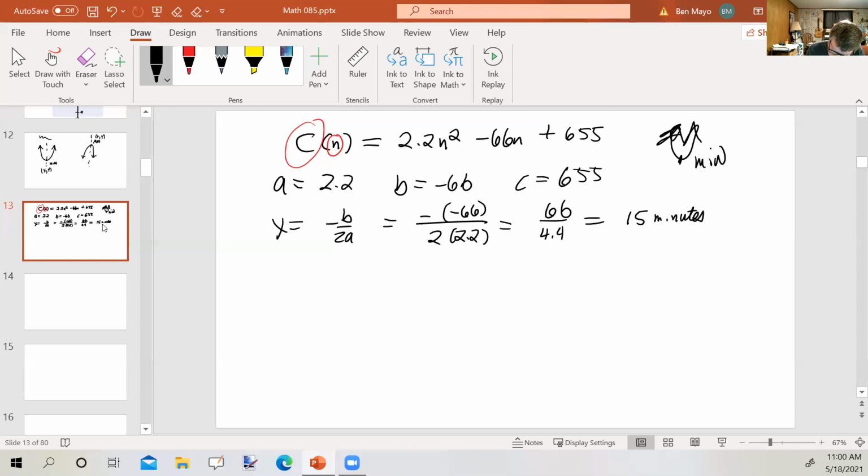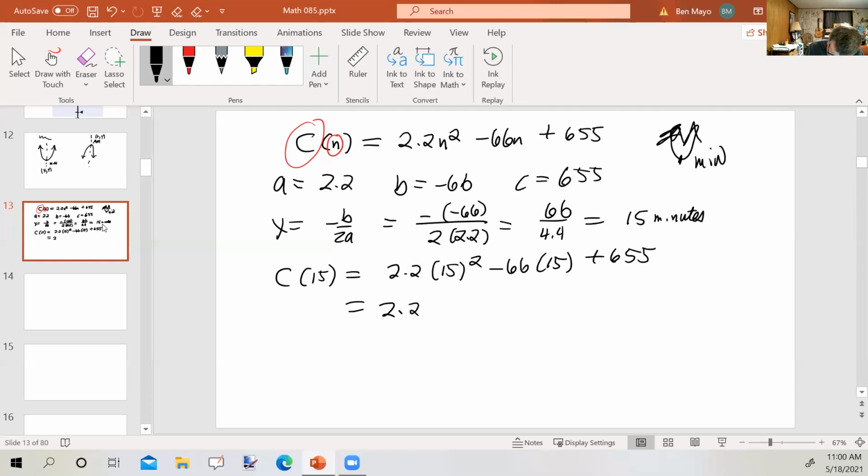Okay, now C of 15 would be 2.2 times 15 squared minus 66 times 15 plus 655. And let's see here. 15 times 15 is what? 225. And 66 times 15 is 990. And then what? 225 times 2.2.